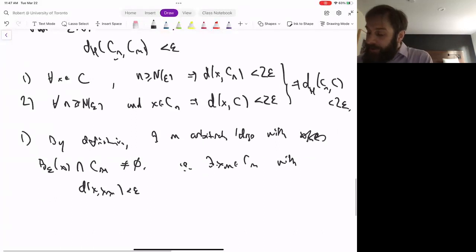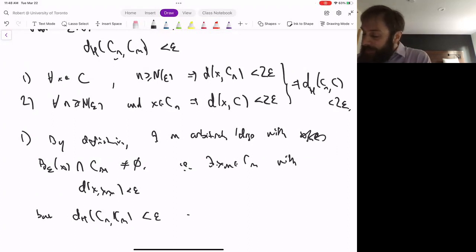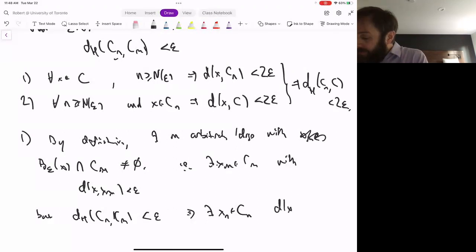And on the other hand, by the Cauchy property, because the Hausdorff distance of C_n and C_m is less than epsilon, that implies there's some x_n in C_n with distance d(x_n, x_m) less than epsilon.